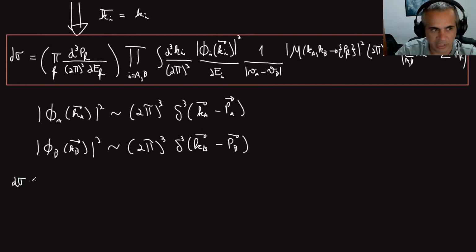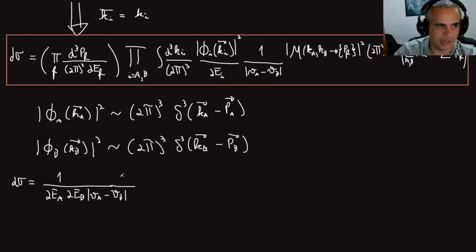I can write now my differential cross section as, I'm just pulling all these factors out now explicitly. So there's a 2EA, 2EB. Remember now these two energies are calculated with PA and PB, not K. There's this difference in velocities, the relative velocity of the two particles.